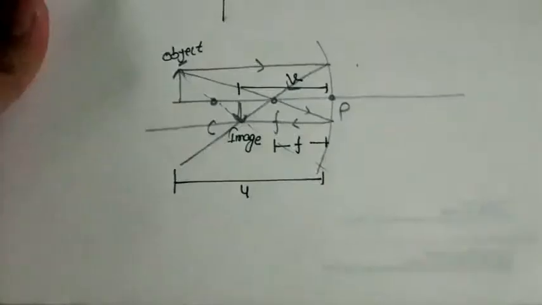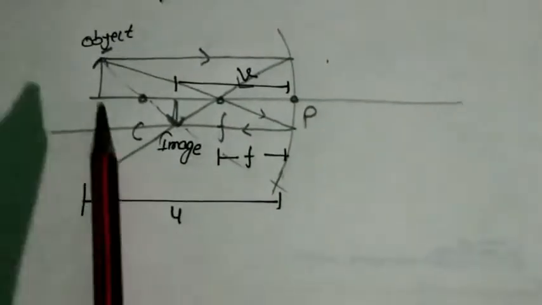Now here, if you want, you can draw this. In a spherical mirror, the distance of the object from the pole is called the object distance u. The distance of the image from the pole of the mirror is called the image distance.